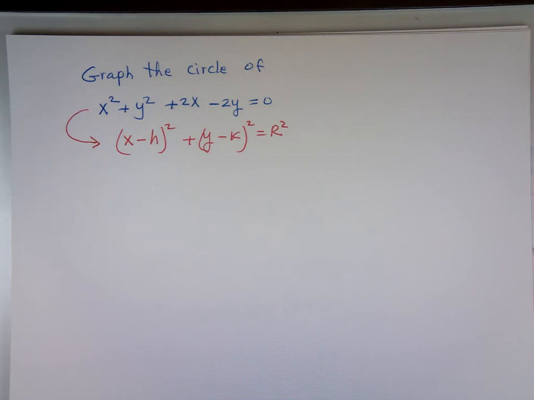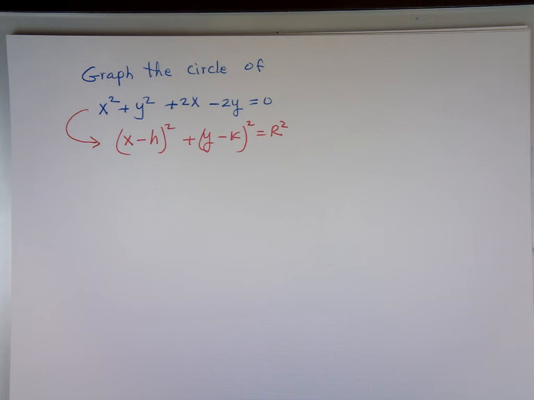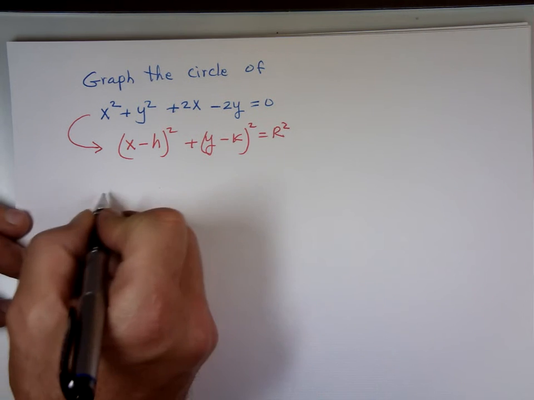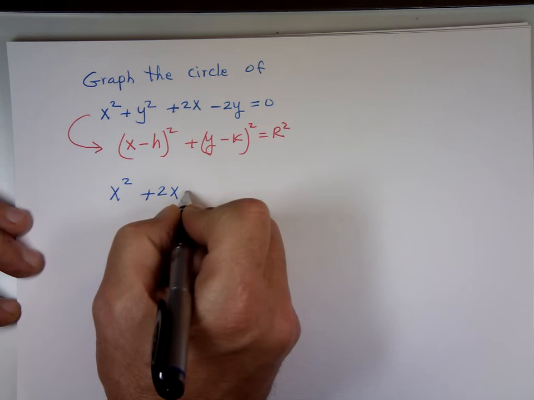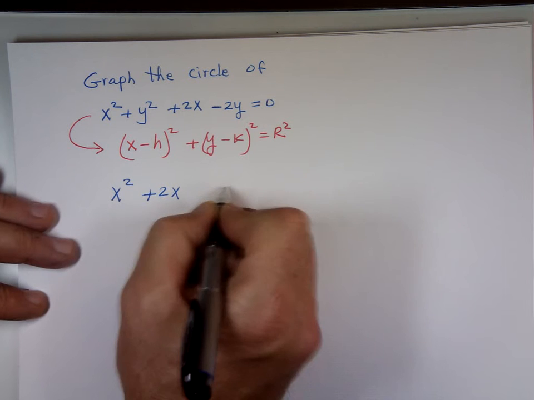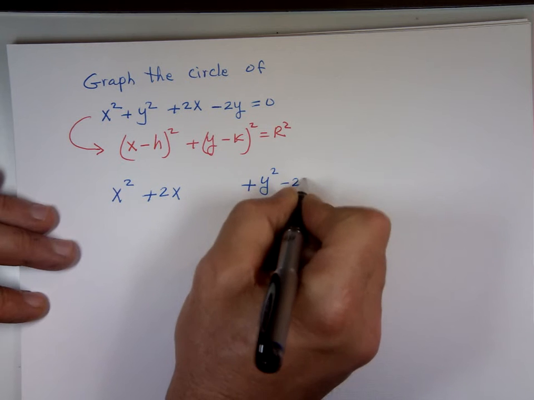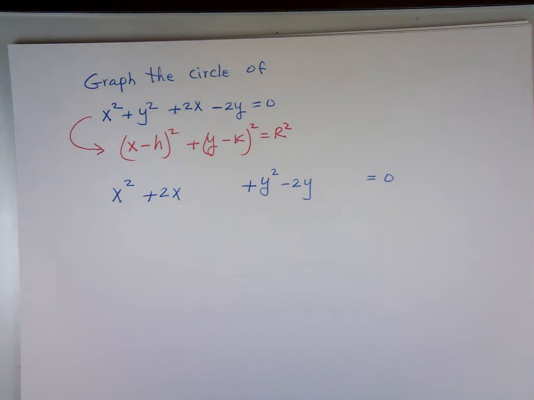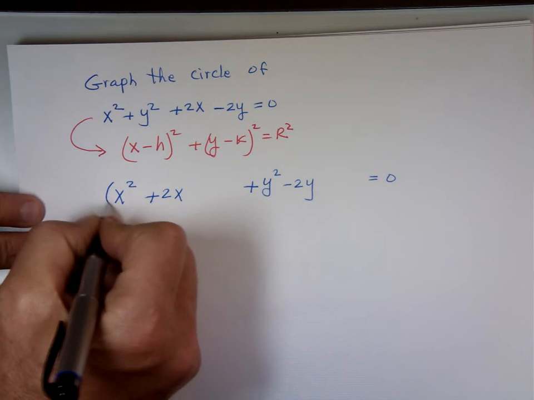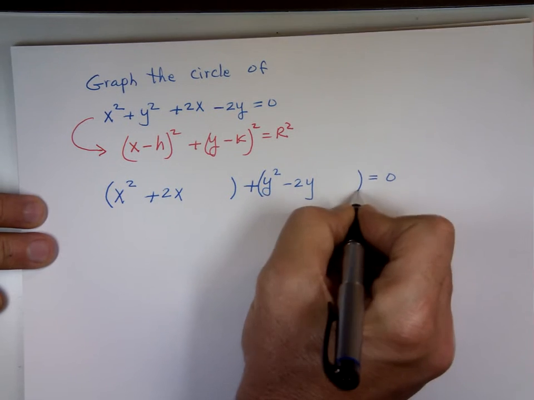Well, the first thing I do with these problems, I take the x's and put them next to each other, and leave a space here. I group the x's together, and again I'm leaving a space, there's a reason, and I'm grouping the y's together.